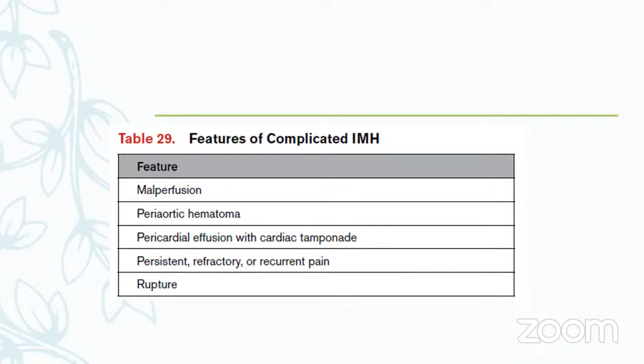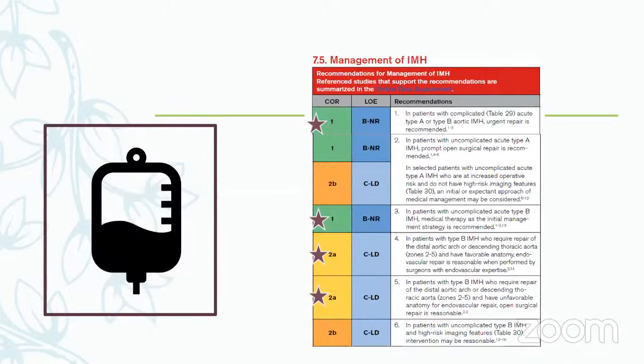And what are the features of the complicated intramural hematoma? Malperfusion, periaortic hematoma, pericardial effusion with cardiac tamponade, persistent, refractory or recurrent pain, or the presence of rupture. So, in patients with complicated intramural hematoma, urgent repair is a class 1 indication.